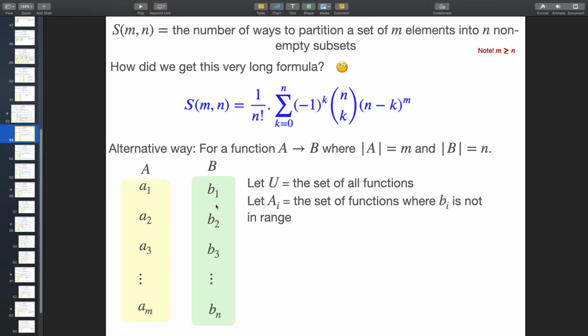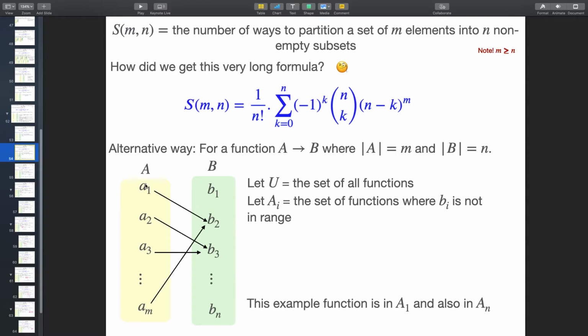So, ang example niyan, kunwari ito yung example function natin. Itong example function na ito, bali, element siya ng A sub 1 kasi walang nakaturo na arrow kay B sub 1.